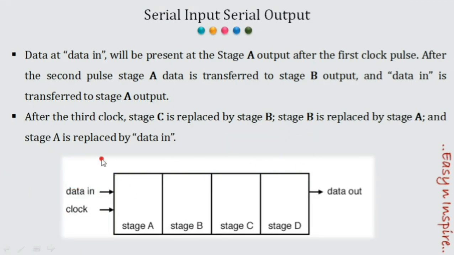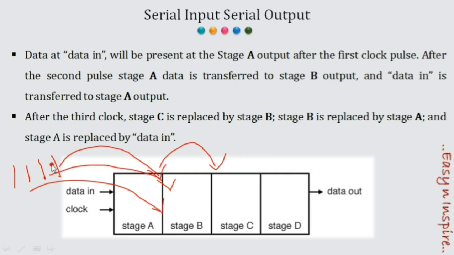Finally, whatever data you enter at the input side, see, this is my data. After the first clock pulse, output appears here. After the second clock pulse, output appears here and here. After the third clock pulse, output appears here, here and here.